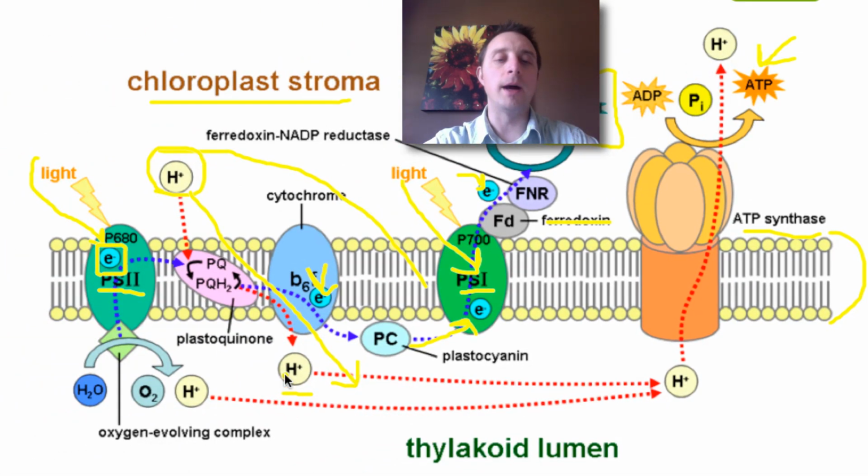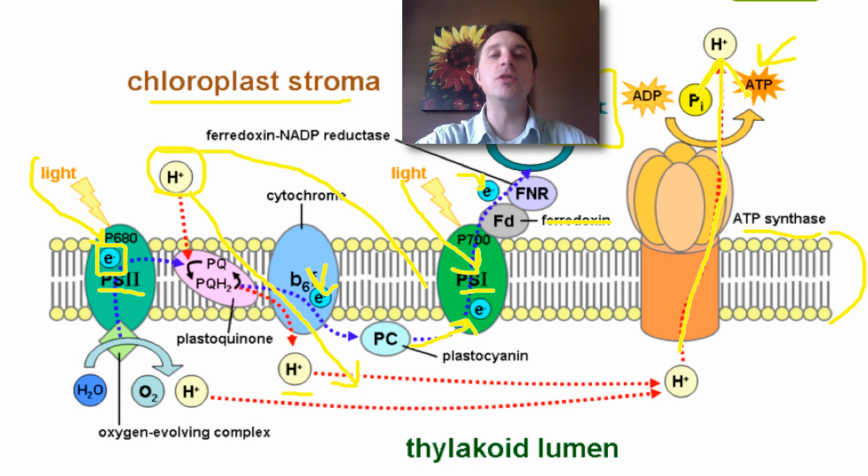So we talked back here about the hydrogen ion gradient, how you have very high hydrogen ions inside here and very low hydrogen out here, and that is maintained by this pump here after photosystem 2. So ATP synthase functions as sort of a channel protein to allow the hydrogen ions to diffuse back out into the stroma.